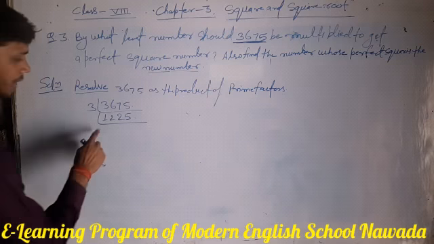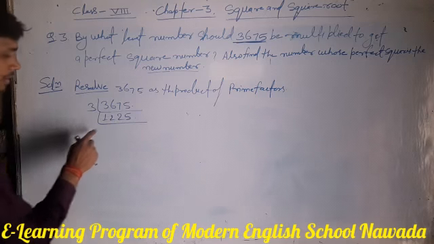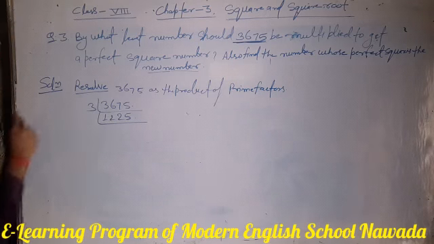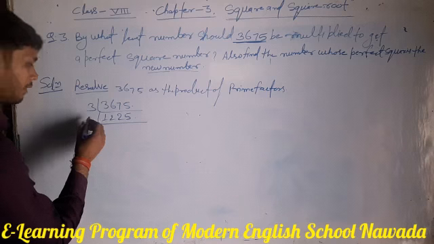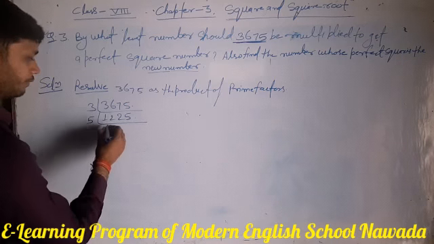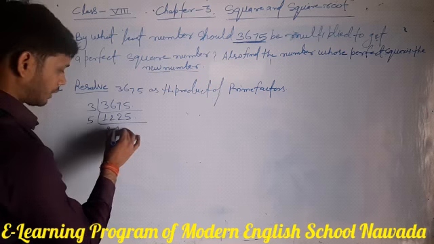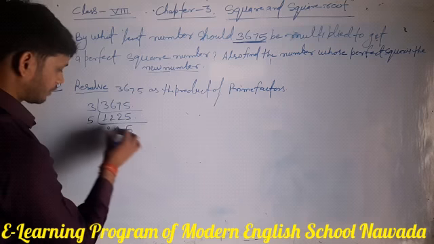After that, it is not divisible by 3. It will be divisible by 5. Divide it by 5: 245.